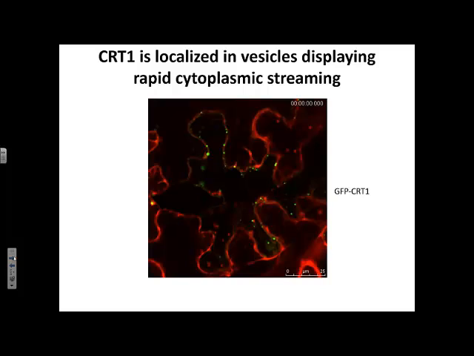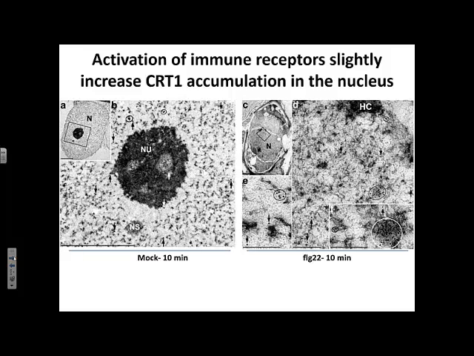But around the time we finished publishing this, we found that the CRT1 can also go to the nucleus. So here's what we have done. We utilized the same Arabidopsis transgenic line expressing genomic clone of CRT1, the same line where I used co-IP experiment to show FLS2 interactions.